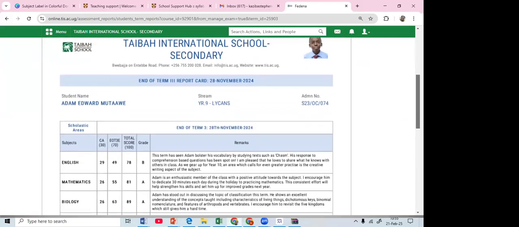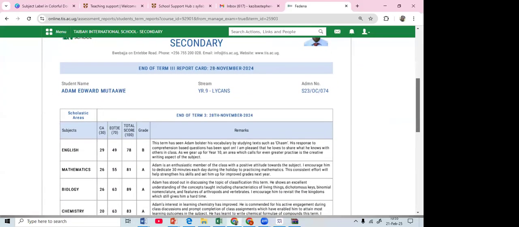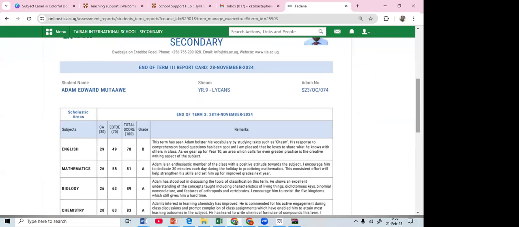So when you look at this child, you can notice that many of our parents are interested in the grades, but also go on and comment in a good way. You can notice that this comment says this term has seen Adam Boyster improve maybe on his vocabulary by studying tests. So you tell the parent what you have been studying and what the child can do.